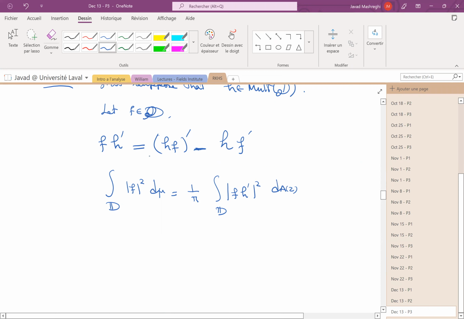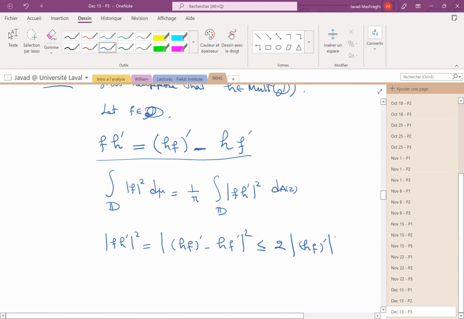I take the absolute value of both sides, and to take the square, |f h'| squared is less than or equal to 2, I keep prime.